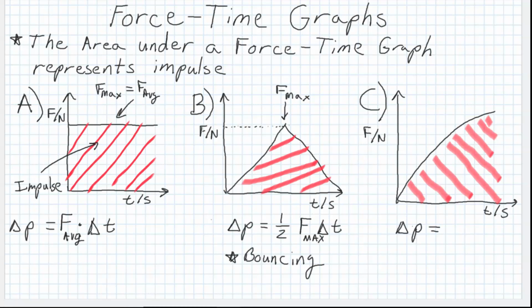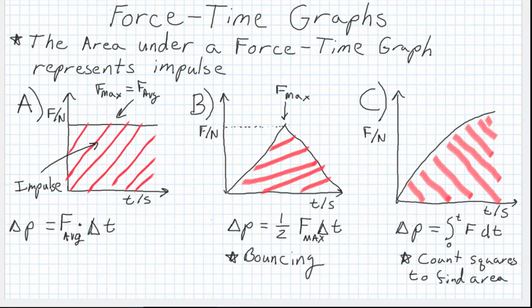So my impulse is equal to the integral from time 0 to time t of the force times our change in time. Okay, but in this course you aren't going to be given the calculus option, and so if you're given a non-geometric shape for a force time graph, you need to count the squares under that curve to approximate the impulse, to find the area.